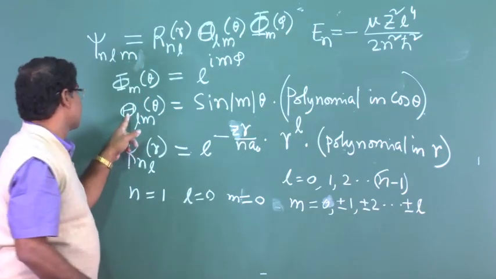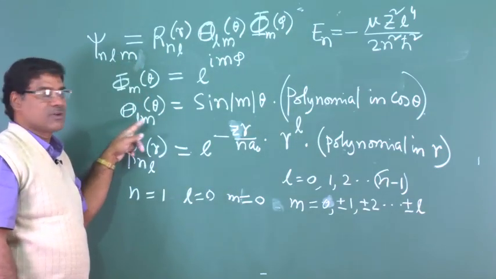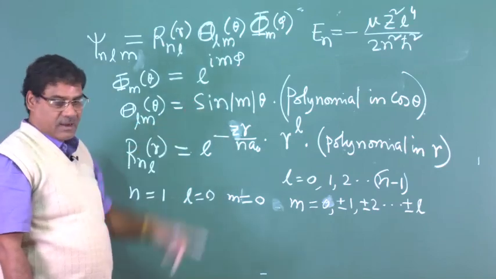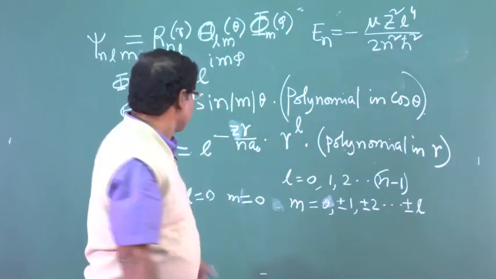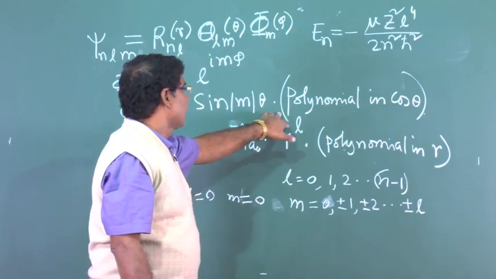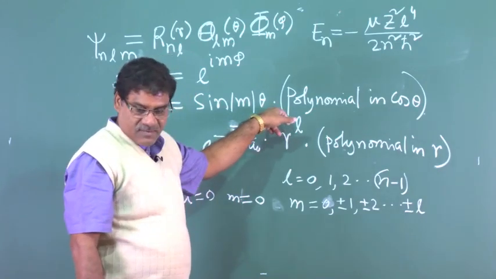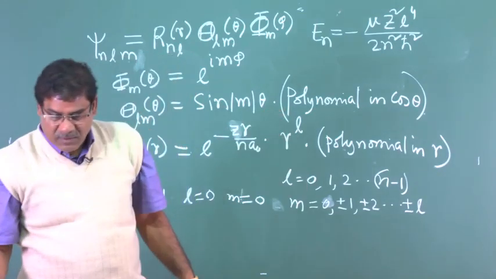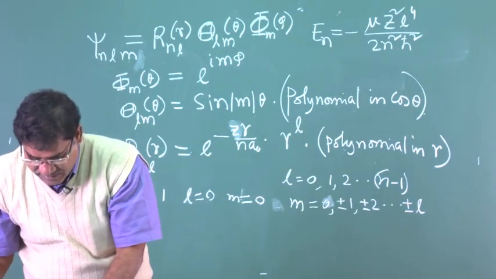So this Theta 0 0, what will it be? It will also be 1, if I look at the polynomial I have shown you earlier.